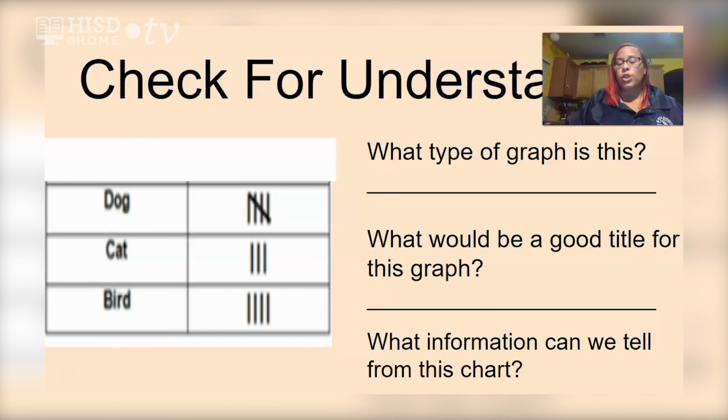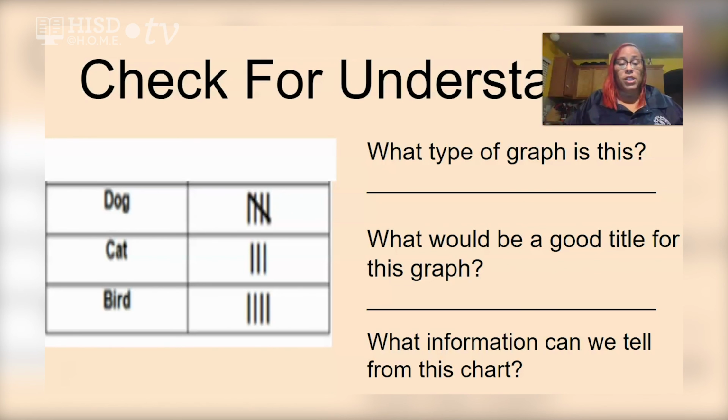because I want you to look at this tally graph and decide what type of graph this is, what would be a good title for this graph, and what information we can tell from this graph.